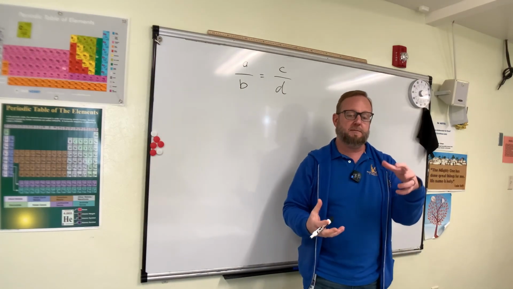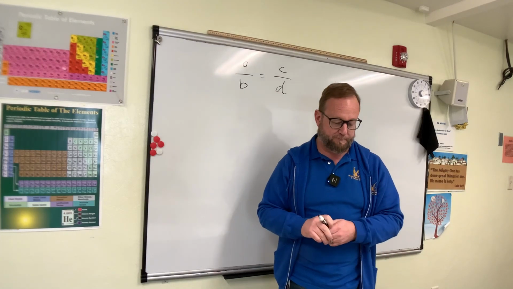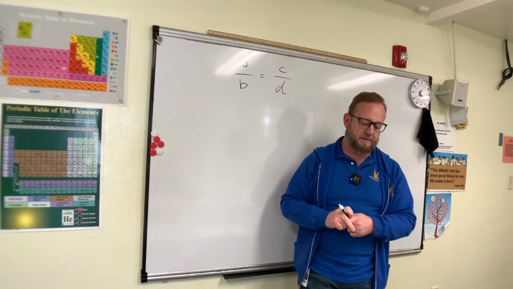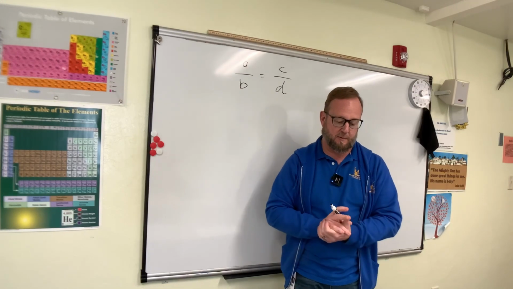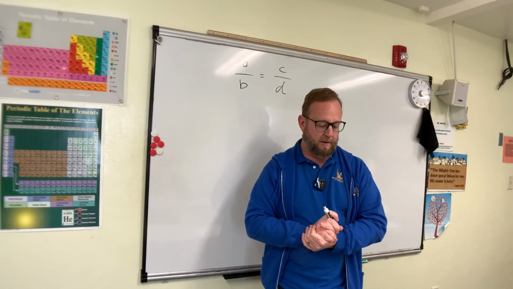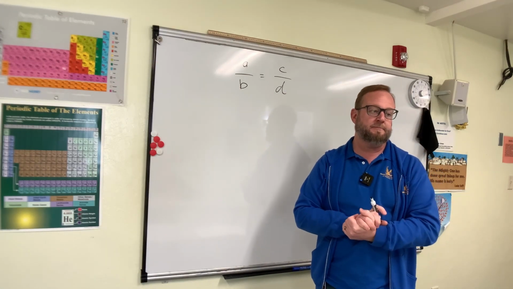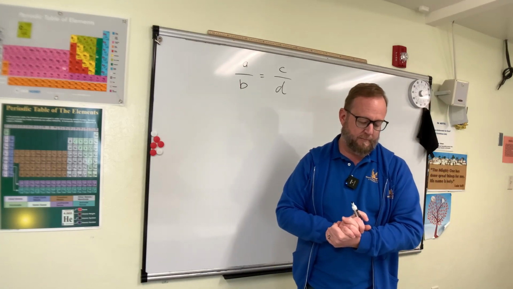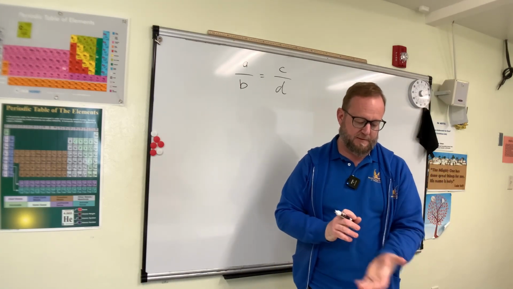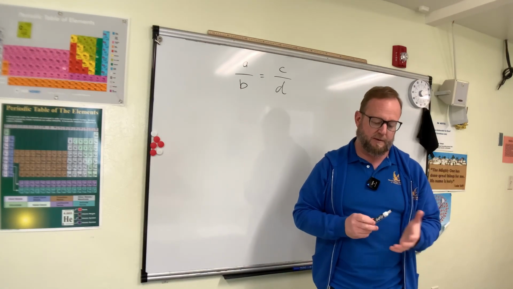One may need to be reduced in order to equal the other, but they are equivalent. A proportion is an equation that states that two ratios are equal. They can be set to equal each other. Of course, B and D can't be zero because you can't have a zero in your denominator. And then it gives us some examples. You can see those examples. 12 over 36 is equal to 1 over 3. And the others as well.